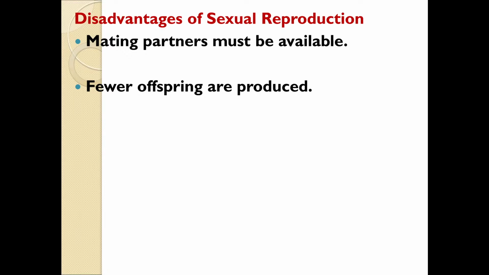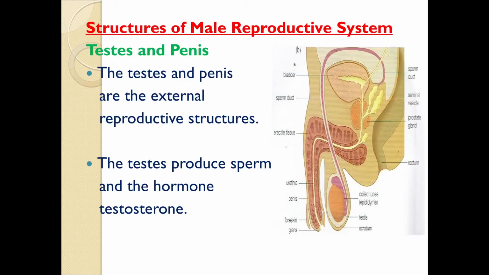When you hear the term offspring, we're talking about a newborn, that new individual, or that new plant or part reproduced from the parent. So that's a disadvantage, where fewer offspring are normally produced.